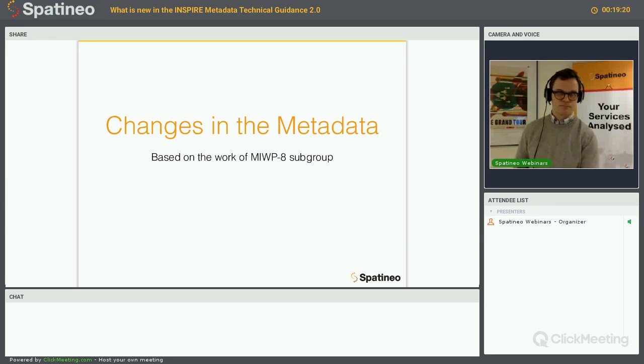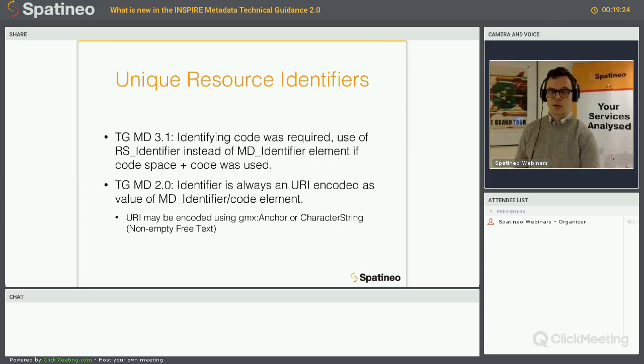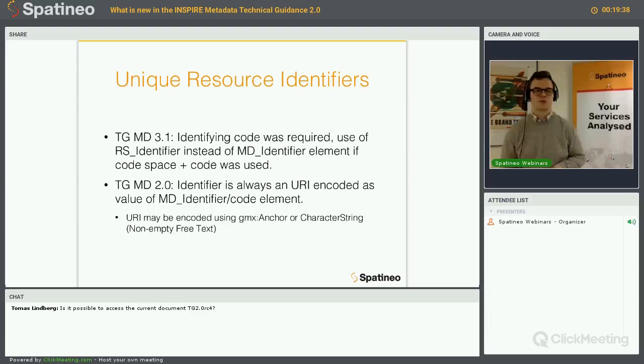Now back to the changes in the metadata. I already mentioned that one of the issues here was to clarify the unique resource identifiers, and the use of those in the metadata.